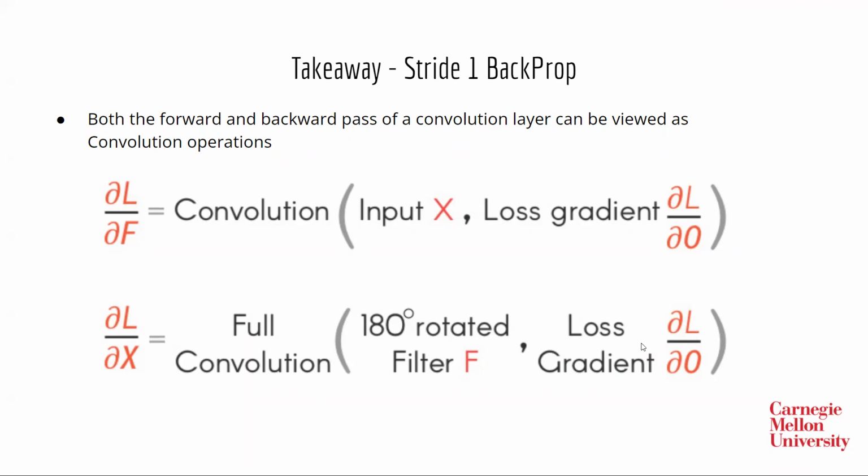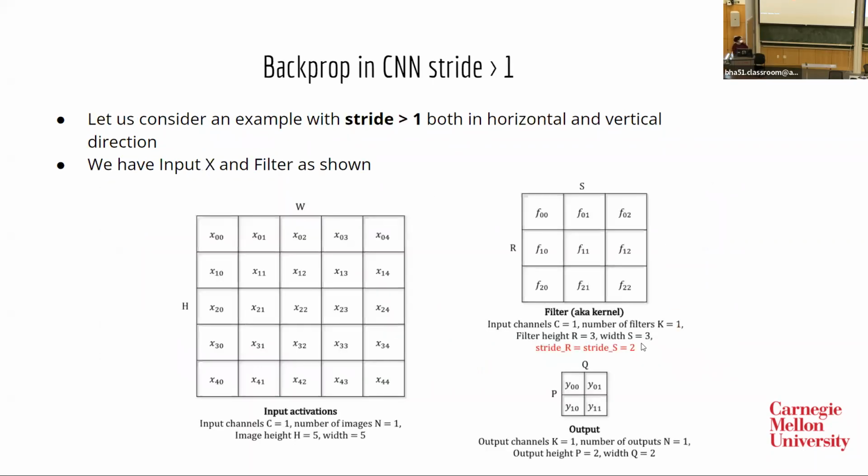So what happens when stride is greater than 1? So here's another example. This is our input activation. A slight change in notation: it's starting from 0 now, so it goes from x00 to x44. This is a 5x5 input map.